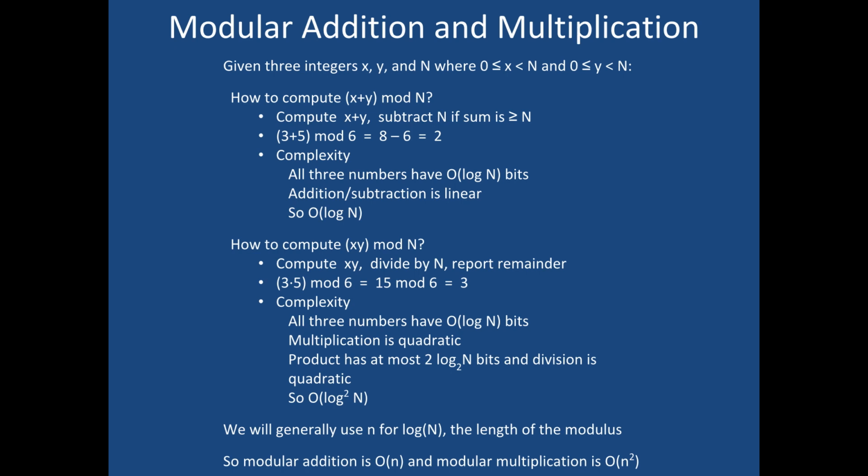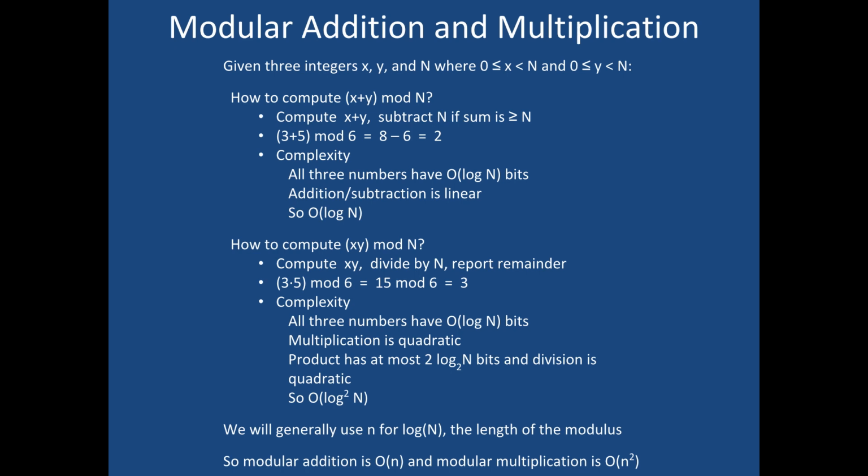Suppose n is a million. What's the most bits that x and y can contain? You know x is no greater than n. Yeah? Log 2 of a million, which is about 20. Okay? So that's why you see log n in the complexity here.